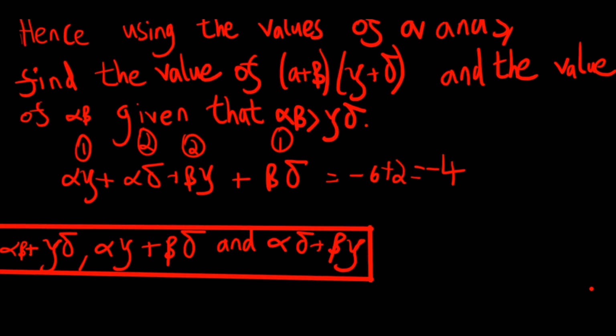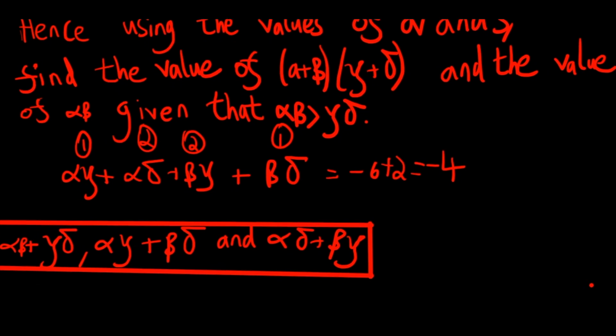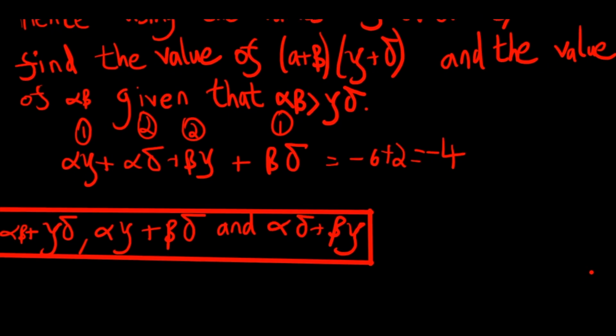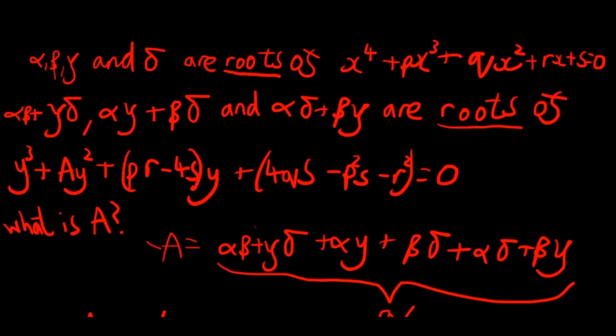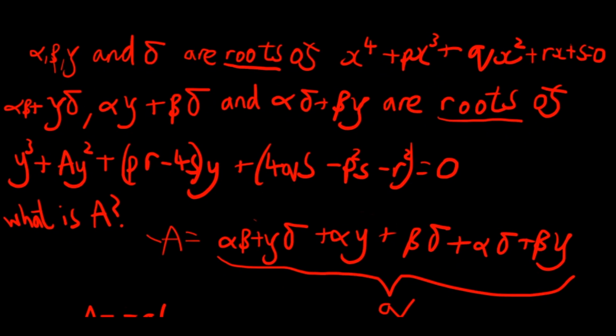And what sprung to my mind was, if we go back to the roots of polynomials, if we take the coefficient that has no x or y term in it, that term is just equal to the product of all the roots. And if I scroll back up to this equation here, the one with the x's, where the roots are alpha, beta, gamma, and delta, the value of s will just be the product of the roots.